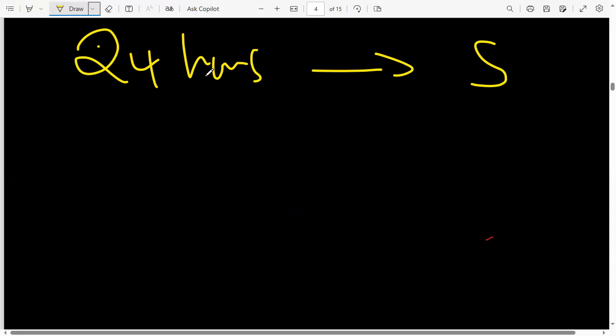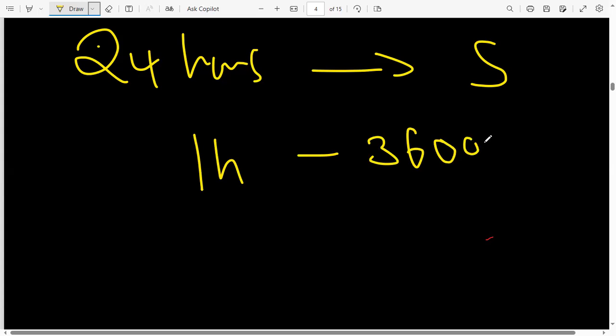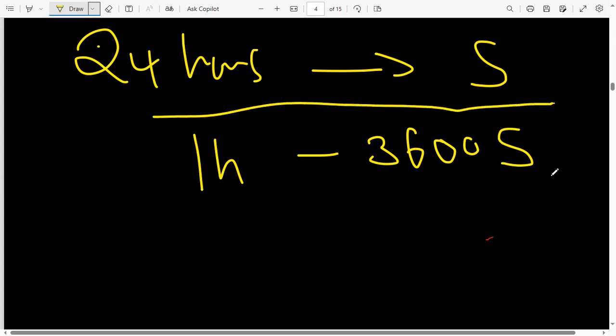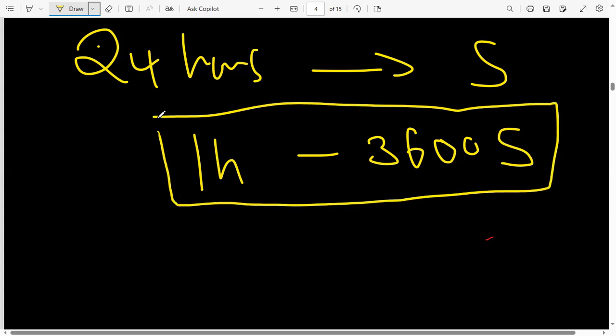It's the way you want it. So 1 hour is equal to 3,600 seconds. This is the conversion factor from hours directly to seconds.